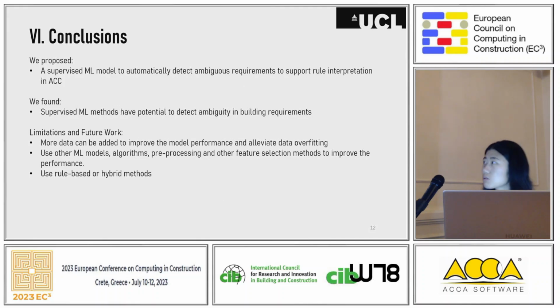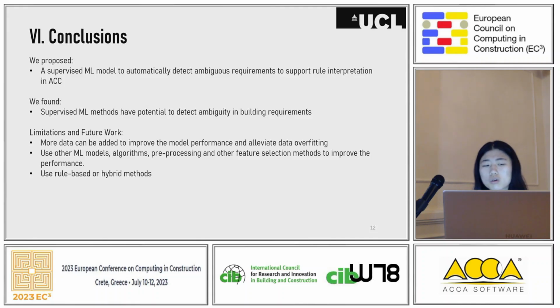In conclusion, we propose the supervised machine learning model to automatically detect ambiguous requirements. And we found they have potential, and of course there are some limitations, including we can use more data to improve the model performance.